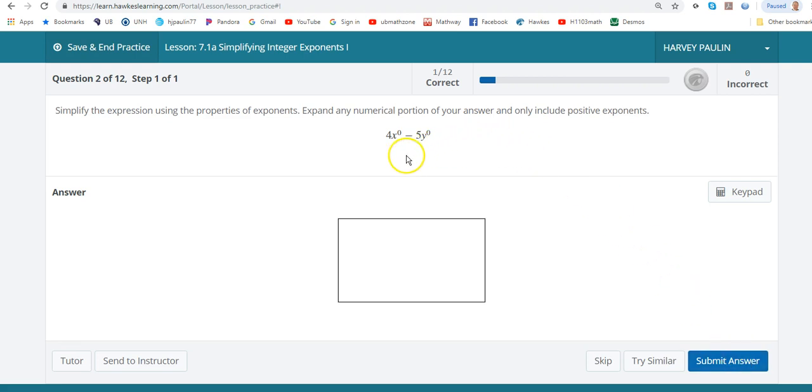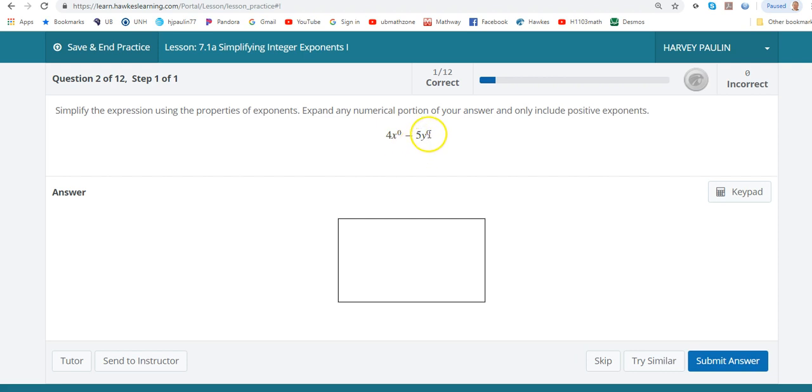Now, for something like this, anything to the 0 power is 1. So this ends up being 4 times 1. And then you're going to subtract 5.